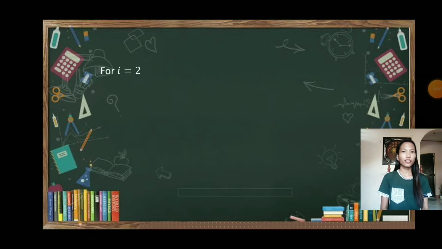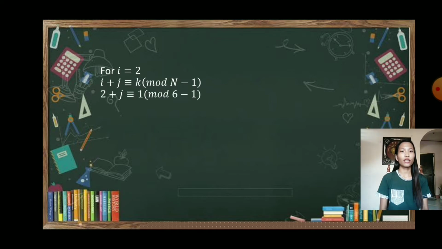So, for i = 2, we use again the formula i + j ≡ k mod (n − 1). We substitute the value of i, so we have 2 + j ≡ 1 mod (6 − 1). We transpose the 2, so we have j ≡ 1 − 2 mod 5 since 6 − 1 is 5.